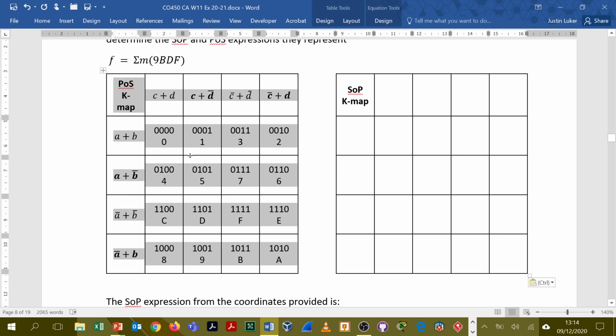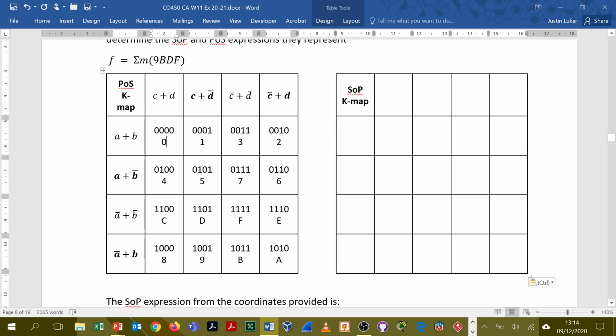So here we have a POS K-map with the coordinates on it. It's just a question of matching up individual coordinates now, and because it's POS, we're looking for zeros. So where's 9? 9 is here. We'll take out that, and that's where our 0 will be. B, where's B? B is here. So put in a 0, and D, I think I know where this is going. There we go.